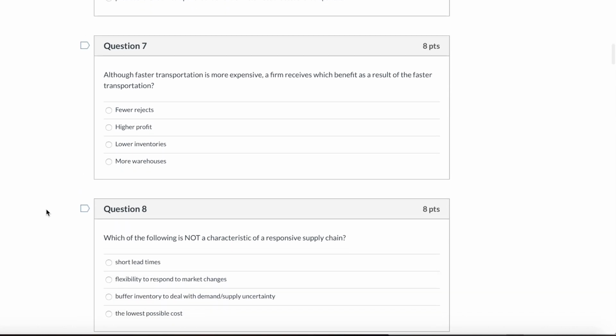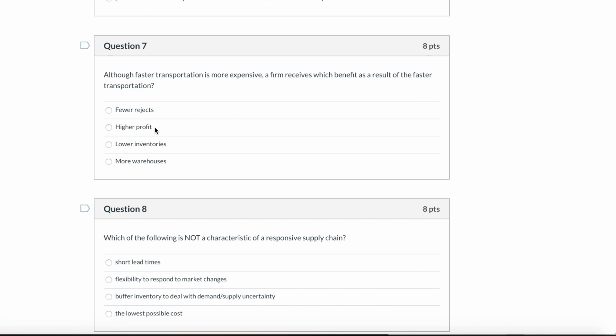So question 7. Although faster transportation is more expensive, a firm benefits as a result of the faster transportation... So what happens because there's faster transportation, essentially? Fewer rejects? No, not necessarily. Higher profits?